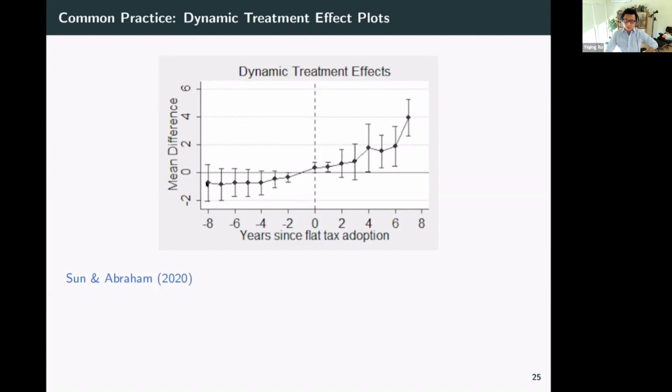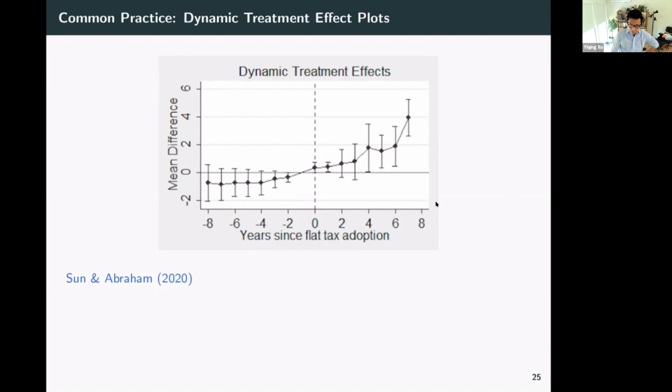And then you interact these dummies with the treatment group indicator. The treatment group is defined as any unit that is ever treated during the entire time period. Okay, and you plot the coefficients with the confidence intervals.